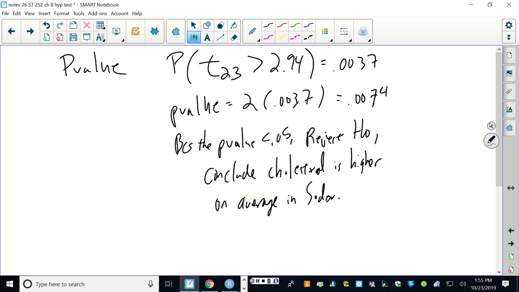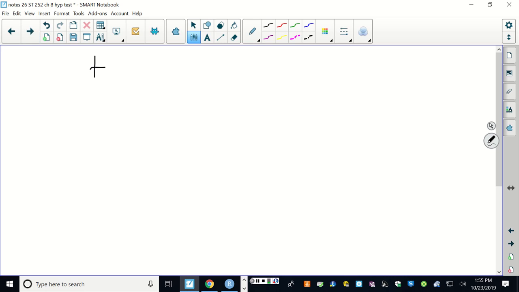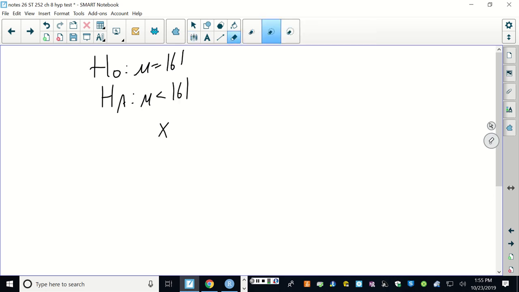Is the p-value always 2 times the tail? No, so if we had done a one-sided hypothesis, it's tied to that alternative. So if the null was that the mean is 161, but the alternative was that it's greater than 161, and then x bar is 164, right?